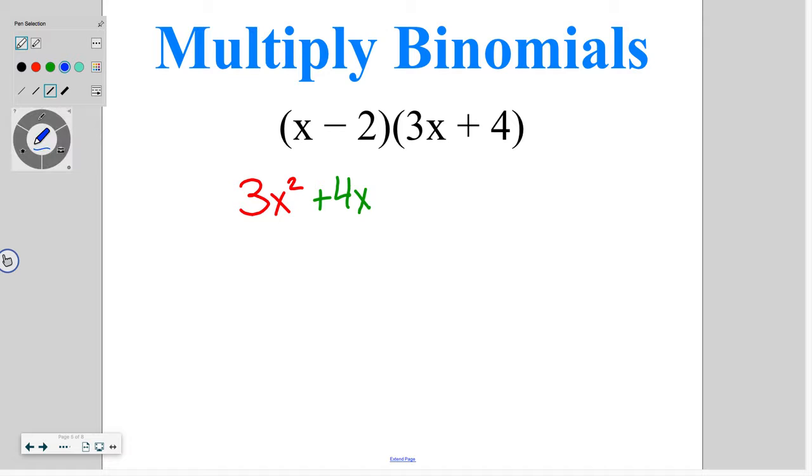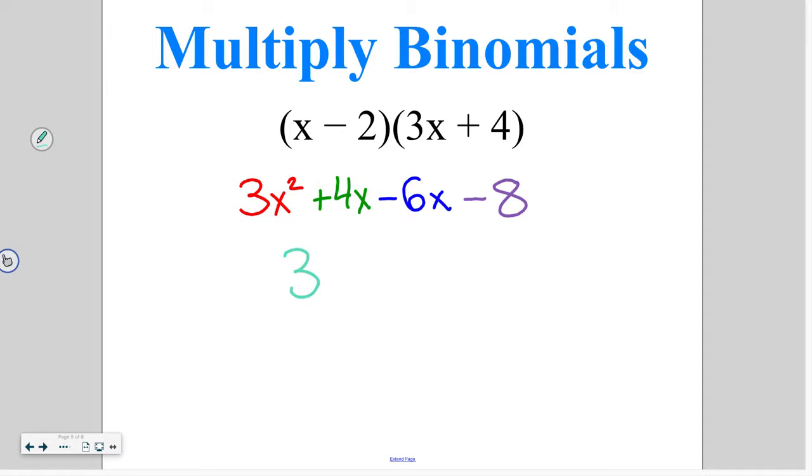Then I'm going to go ahead and multiply my insides, which is negative 2 times 3x, giving me negative 6x. And I'm going to finish that out by doing negative 2 times 4, which gives me negative 8. Once again, I'm going to want to go through and combine those like terms in the middle because I can. So that's going to give me 3x squared minus 2x minus 8 for a final answer.